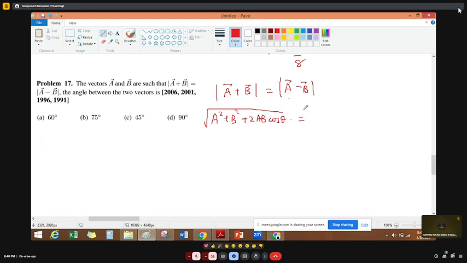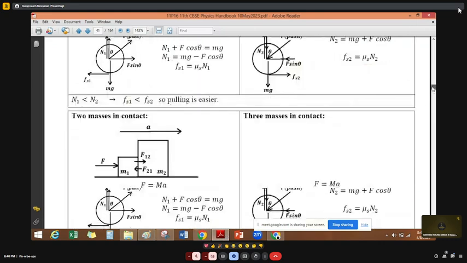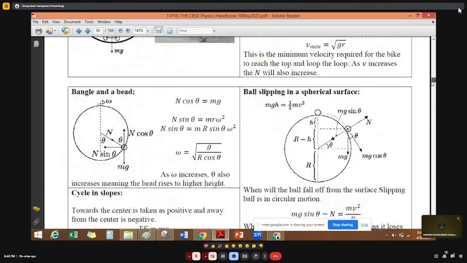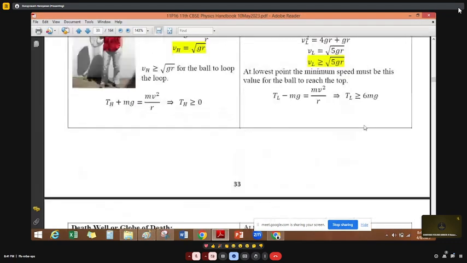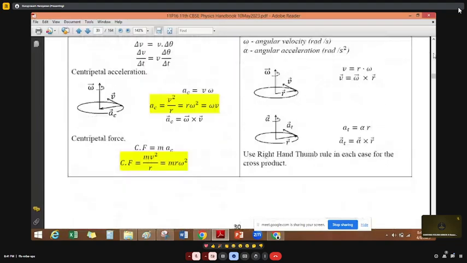That is equal to a minus b is a squared plus b squared minus 2ab cos theta. If you don't know that, you have to go back to the basics, which is given in the vectors chapter, right? So a handbook, you should be thorough. There's no excuse. Okay.